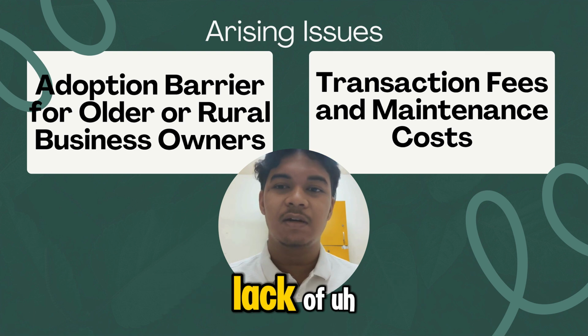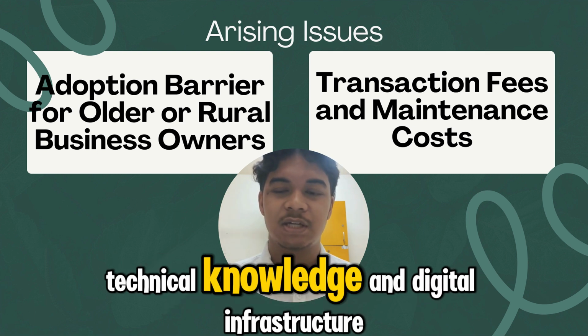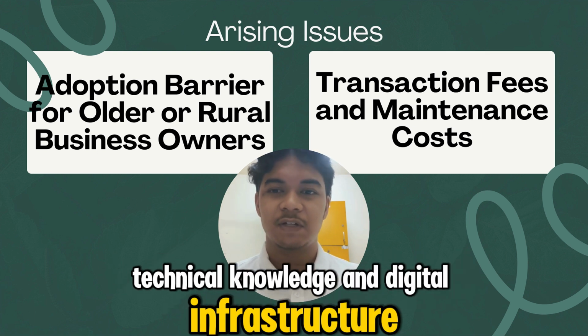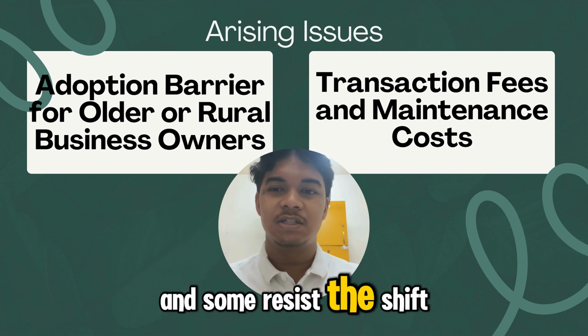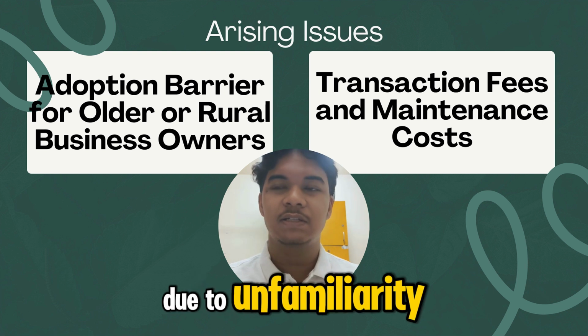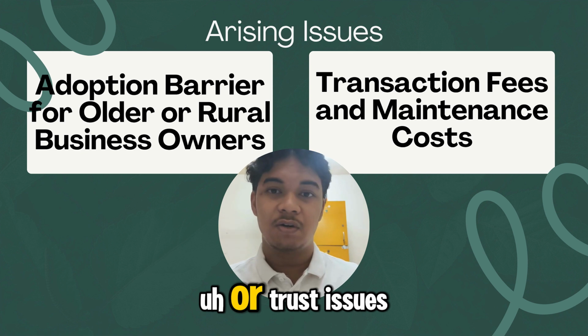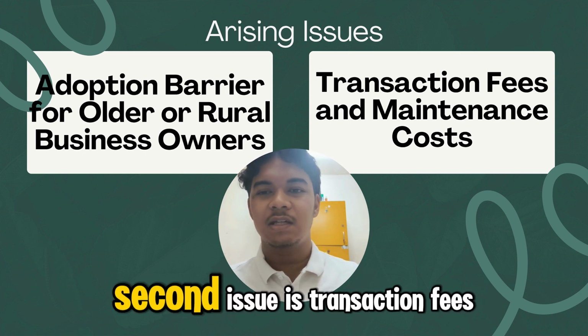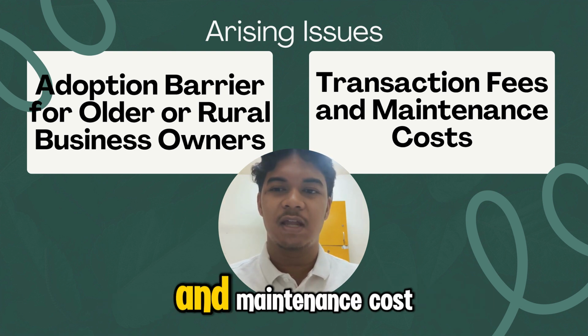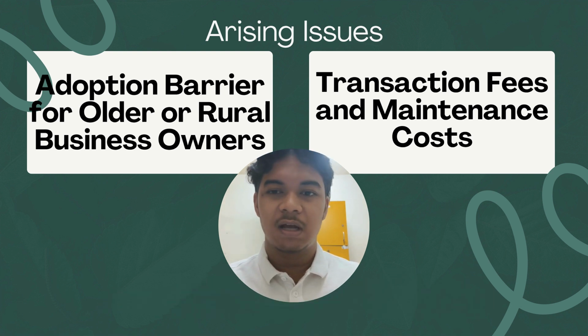For example, lack of technical knowledge and digital infrastructure, and some resist the shift due to unfamiliarity or trust issues. And the second issue is transaction fees and maintenance costs.